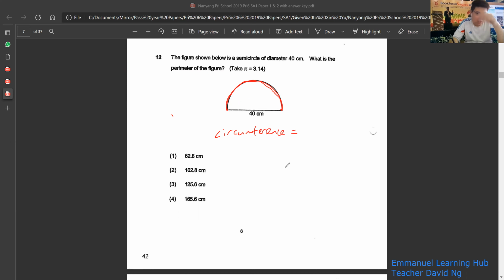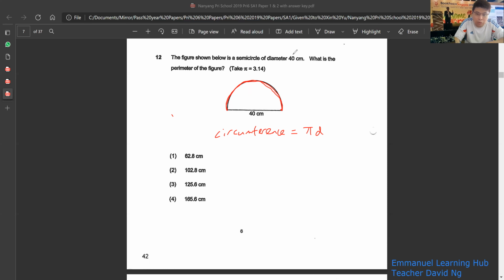So what is the circumference of a circle? How to find the circumference of a circle? Still remember the formula? Pi d is the circumference of a circle.